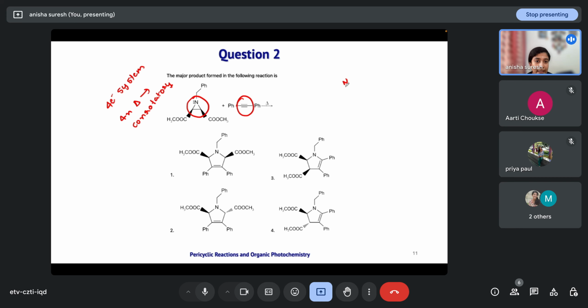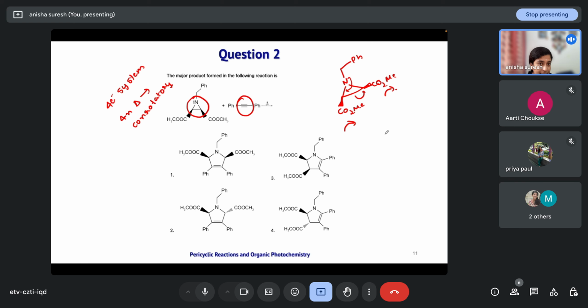So when this is opening, with CO2Me and CO2Me, if it is following conrotation, this bond will be going inside. This bond will be going inside.